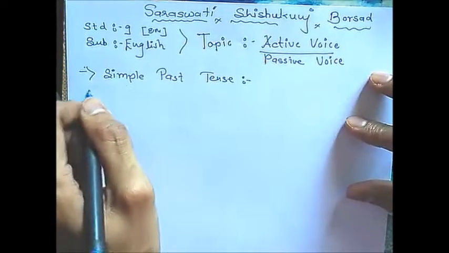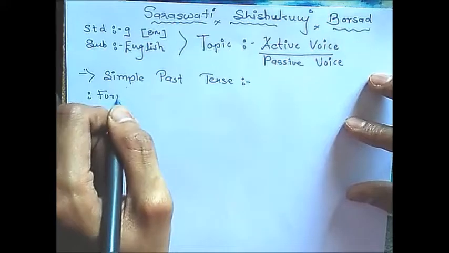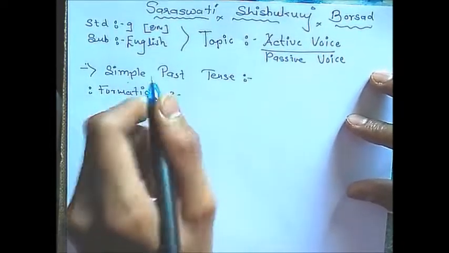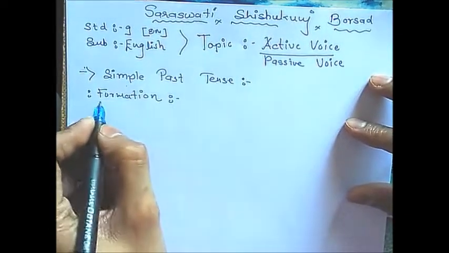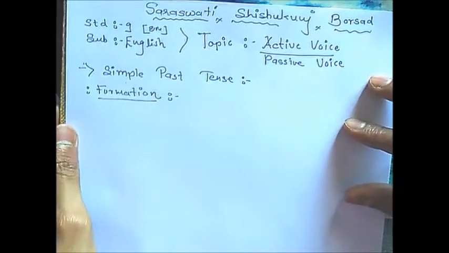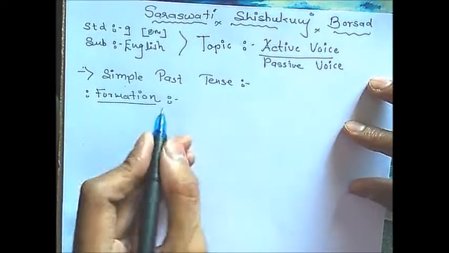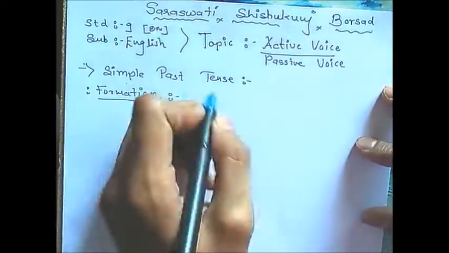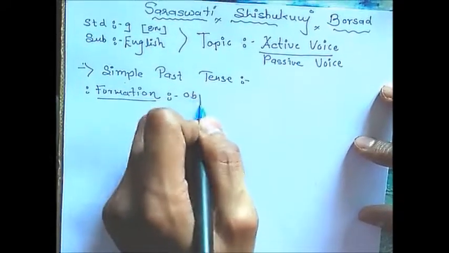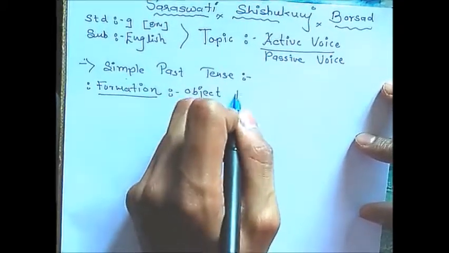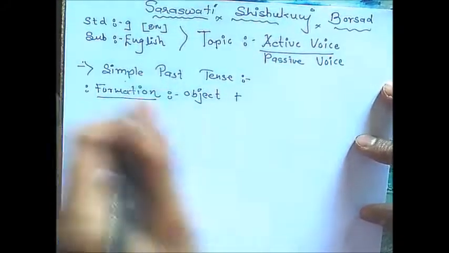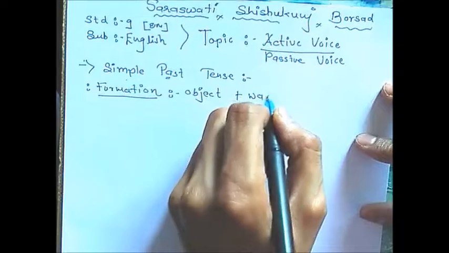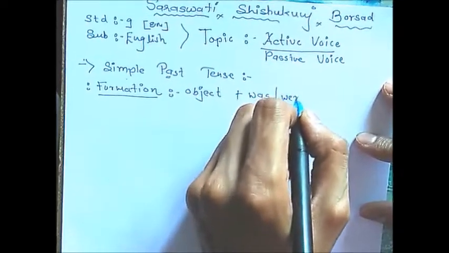Firstly, I am going to give you the formation for passive voice. How can you make passive voice for simple past tense? As you know, if you want to make any passive voice, firstly you have to put the object in the very beginning, plus as it is past tense, you have to put was or were.